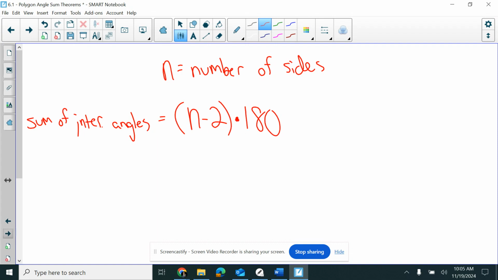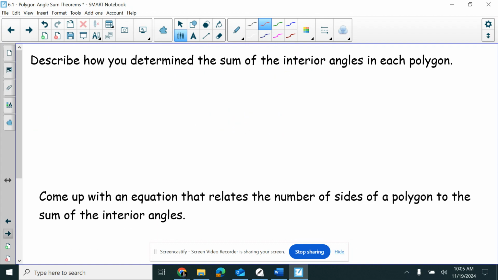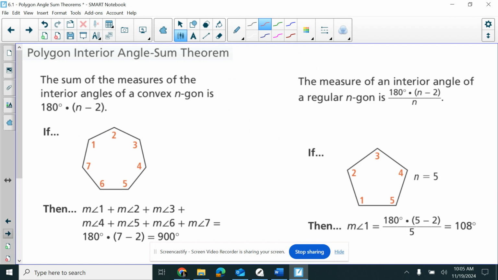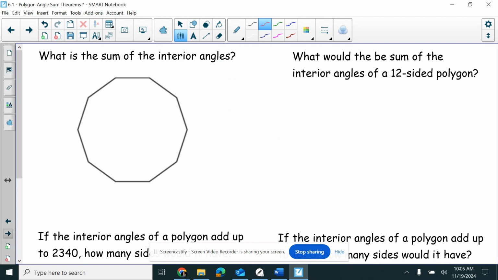So let's look at a couple of examples. In order to figure out the sum of interior angles, the first thing we need is the number of sides. So if I have 10 sides, I'm going to do 10 minus 2 times 180.